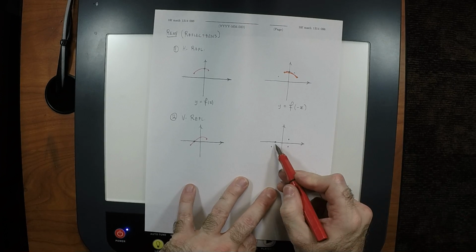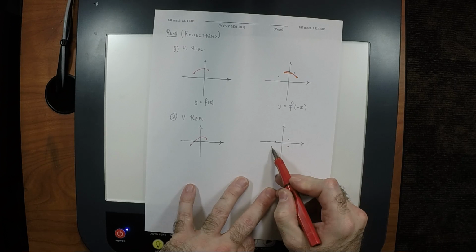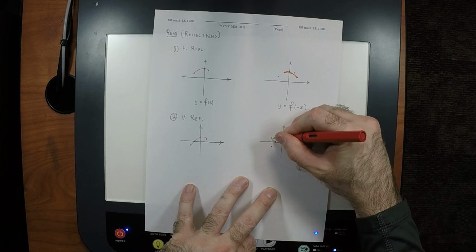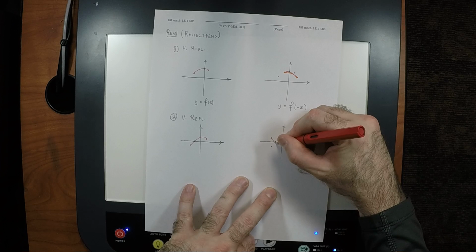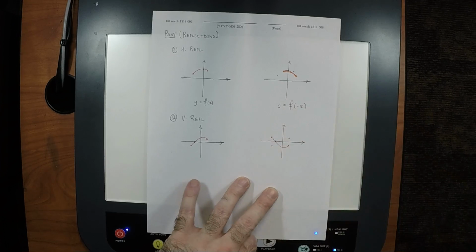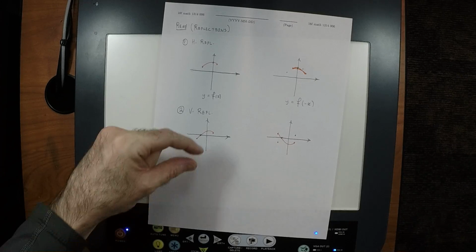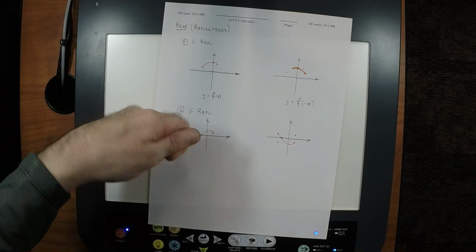Where would that one see its reflection? Same place, right? So on the mirror. And where would that one see its reflection? Up, right? So the picture would look something like this. So now it's again flipping the pancake, but doing it like this, twisting it this way.